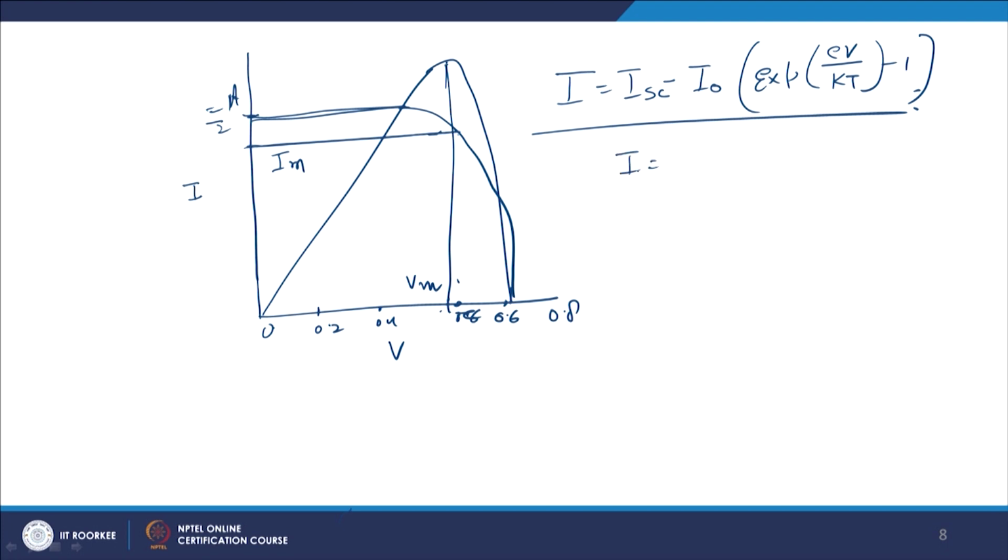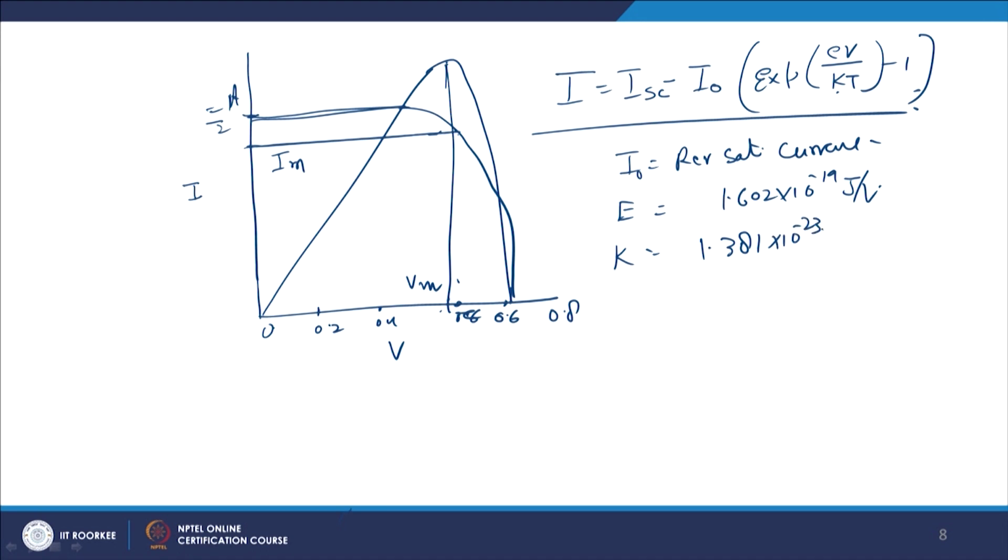IO is the reverse saturation current. e is the charge of the electron, that is 1.602 times 10 to the power minus 19 joules per volt. k is the Boltzmann constant, 1.381 times 10 to the power minus 23 joules per Kelvin. T is the temperature in Kelvin. ISC is the short circuit current, right. So, for this case we are getting this formula. For any moment we want to find I, we can use this formula.